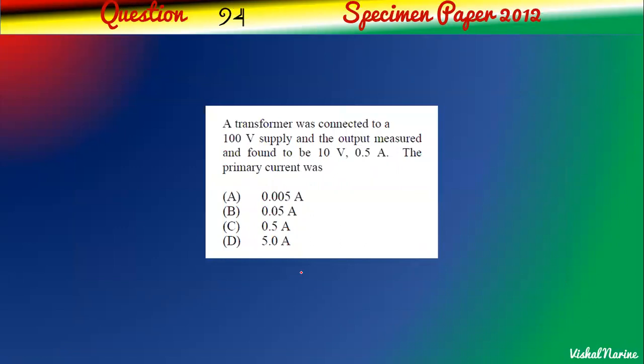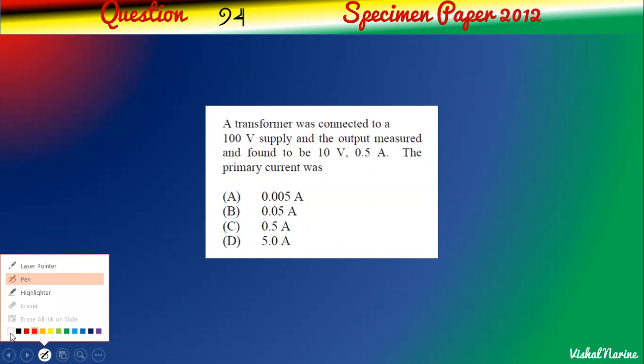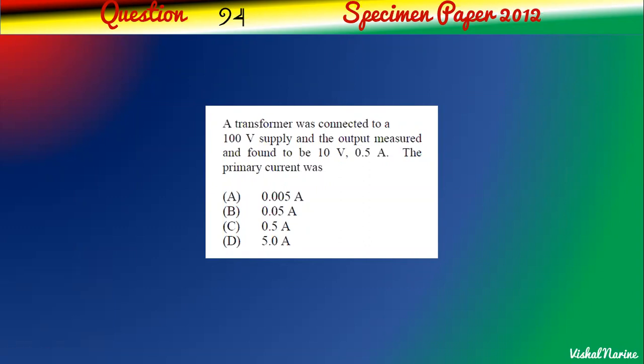Question 94. Again, I'll just do the calculation out for the sake of persons following later on. We're using the formula Vs over Vp is equal to Ip over Is.